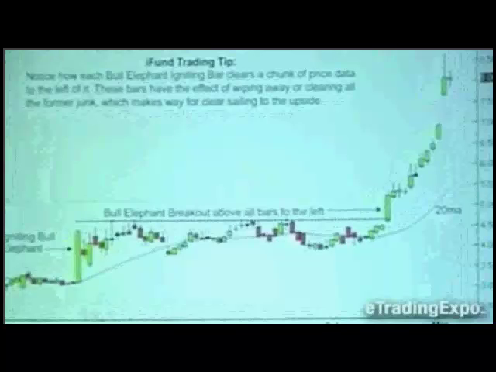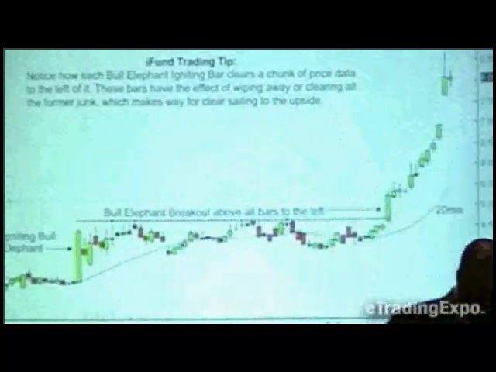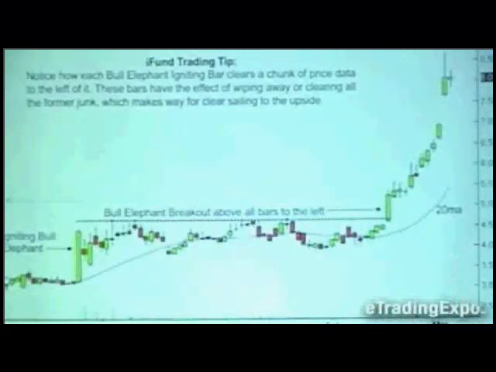Now, they're also taught that the bull elephants and the tail bars that are not theirs to buy are those that occur well above the 20-period moving average. So if you look, this was a very powerful, fat, giant green bar elevated way above the 20-period moving average.